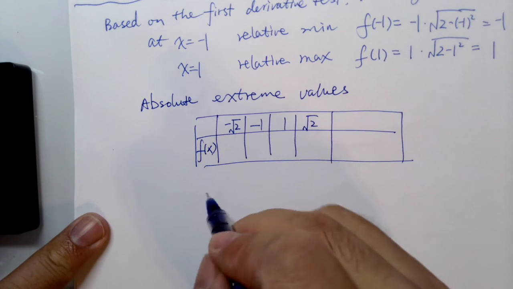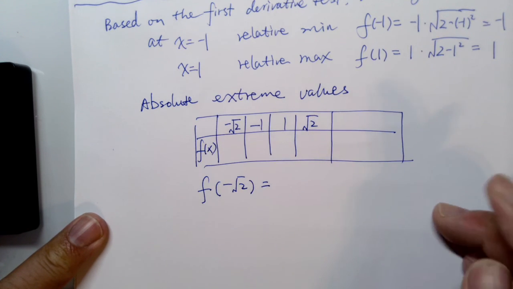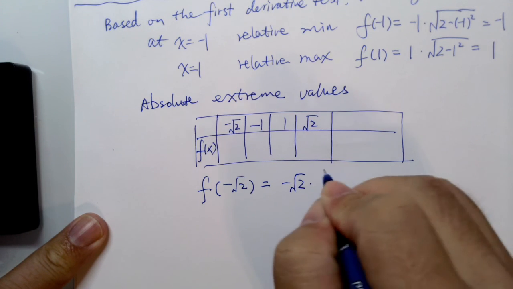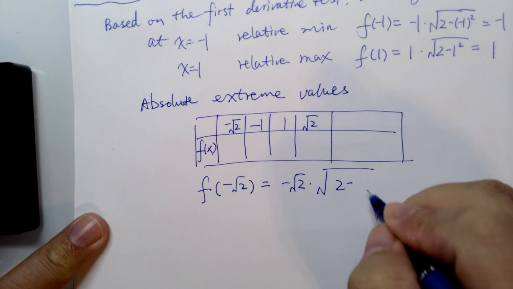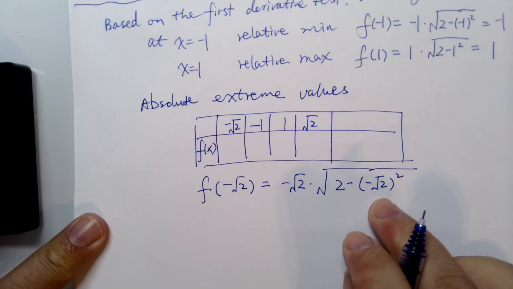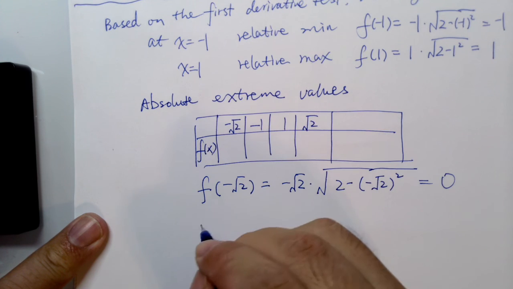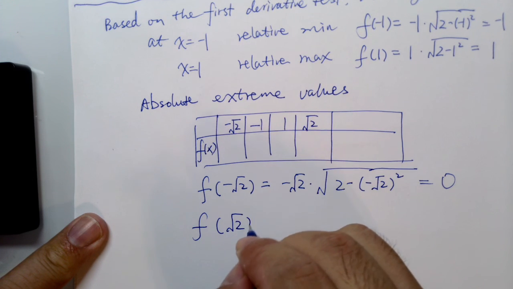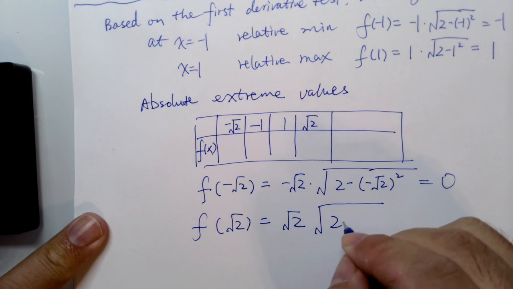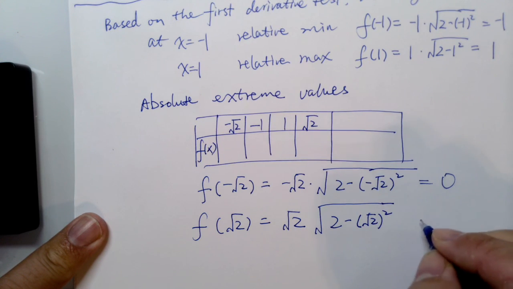You can see that f of negative square root of 2 equals negative square root of 2 times the square root of 2 minus negative square root of 2 squared. In this part, it's going to give you 2, so 2 minus 2 becomes 0. f of square root of 2 is also the square root of 2 times the square root of 2 minus square root of 2 squared, which also gives you 0.